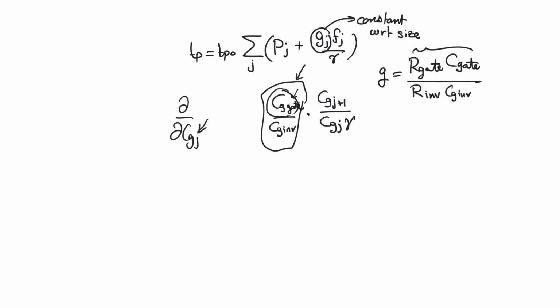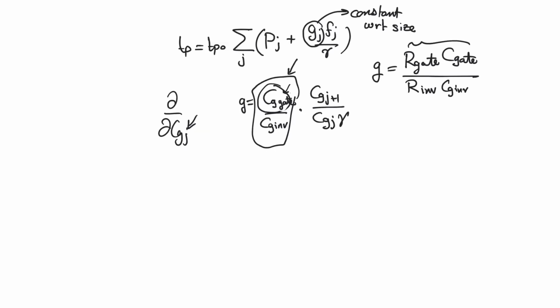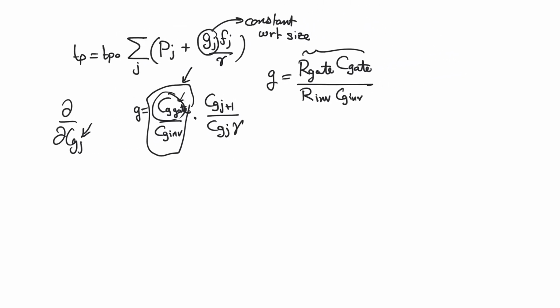In this case, when we calculate G as the ratio of just Cg gate by Cg inverter, this is specifically the input capacitance of the gate when we have sized it for resistance equal to the unit inverter. And so G is a constant. It should not be differentiated, and we should only differentiate the appearances of Cg which appear from fan-out. So the derivation we did was completely correct. So this is one complication we had to deal with.